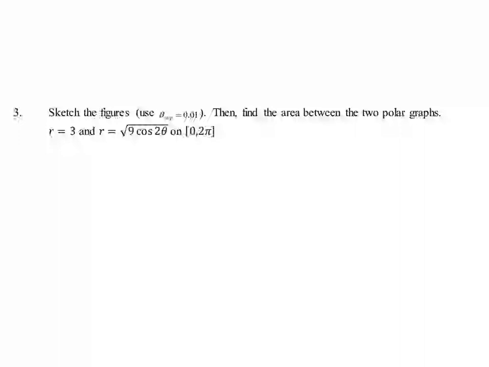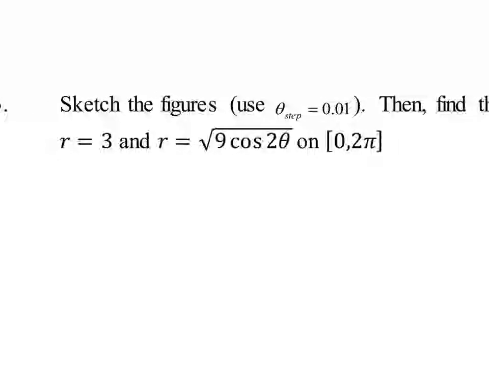What we can do here is actually solve and make a determination of where the loop would be closed, because a lemniscate opens and closes at the pole. So what I would do here is take my r equals the square root of 9 cosine 2 theta, set it equal to 0.